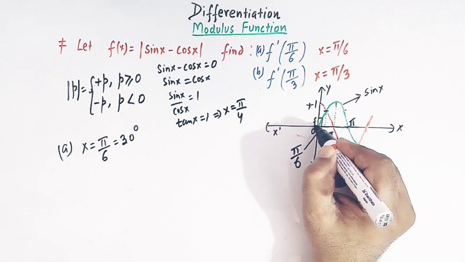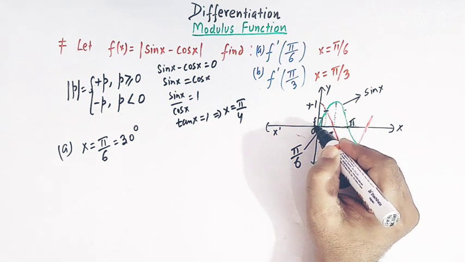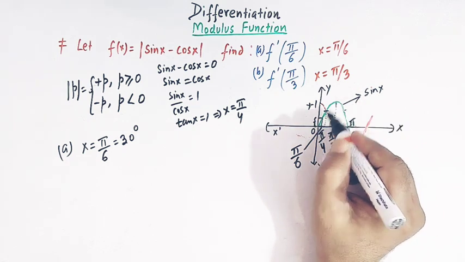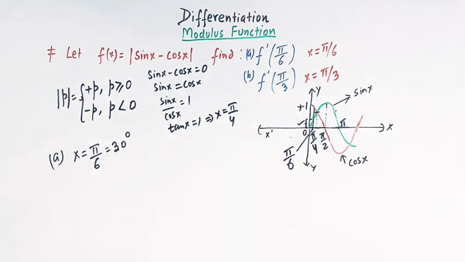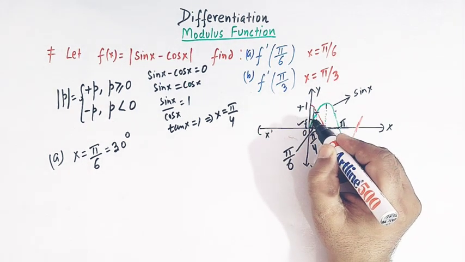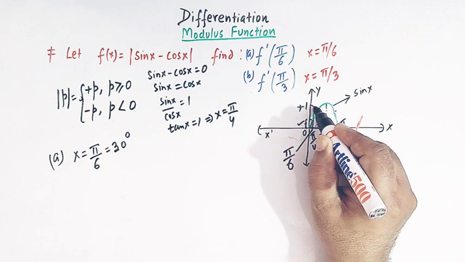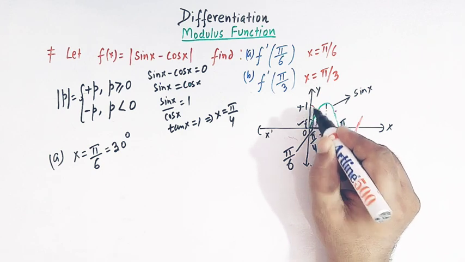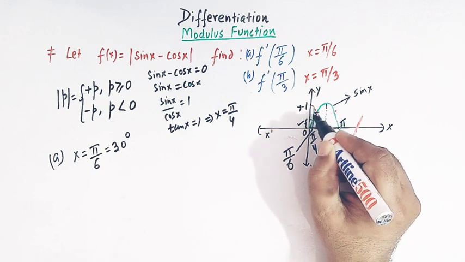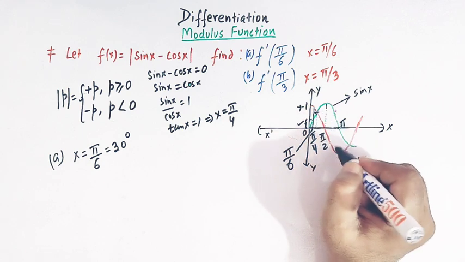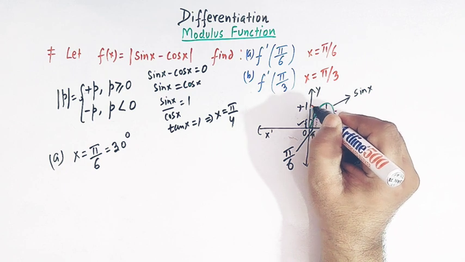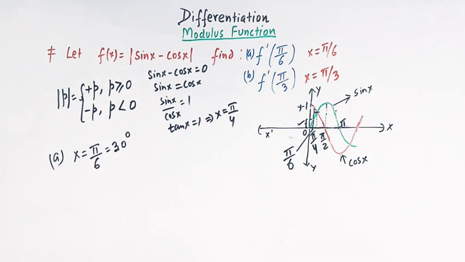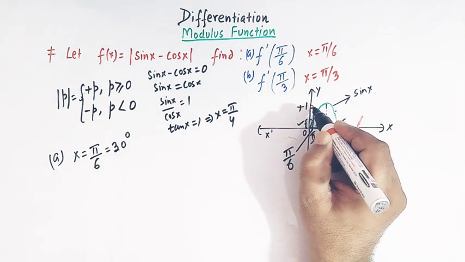and when we take pi by 6, we see that this is the value of this sine x, right? Because this green curve shows sine x, so this value is sine x. And now if we take this point to this curve, that is if we extend this line to this curve, that is the red curve, which is the curve of cosine x, then we can see that this value represents the value of cosine x, right?